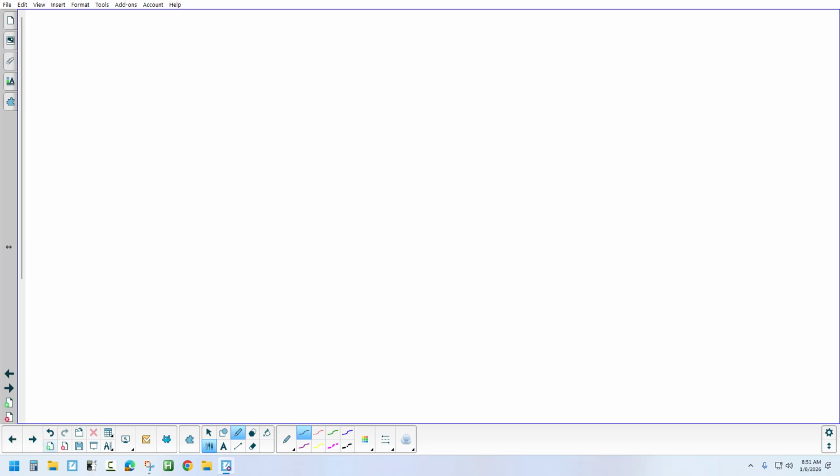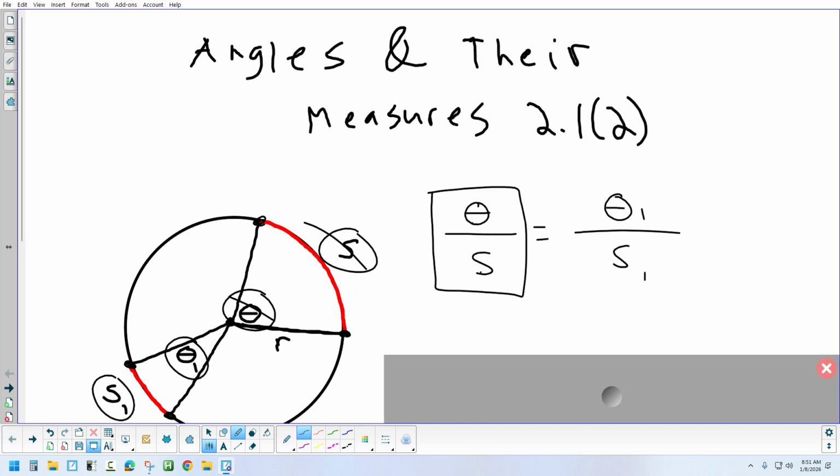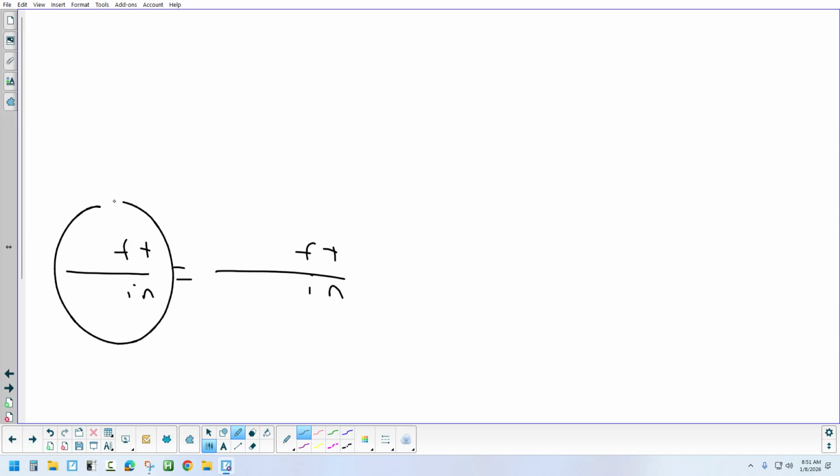So if I wanted to set up a proportion to say convert between feet and inches, if I give that to somebody just the way it is right now, is that useful? No. They don't have anything to go off of. There's no numbers in it at all. That's exactly what we have right there. No numbers. What we have to do is fill in one side with a fact that we know is true.